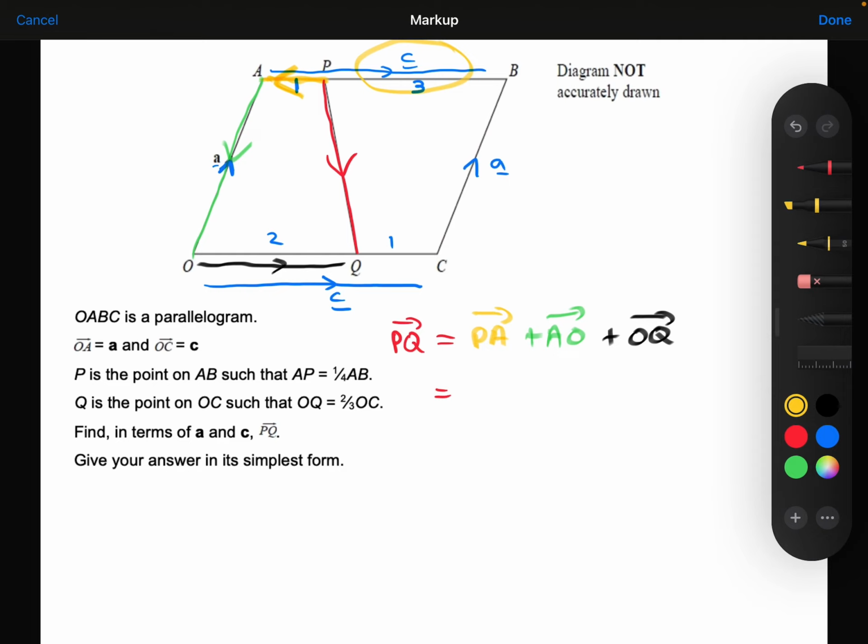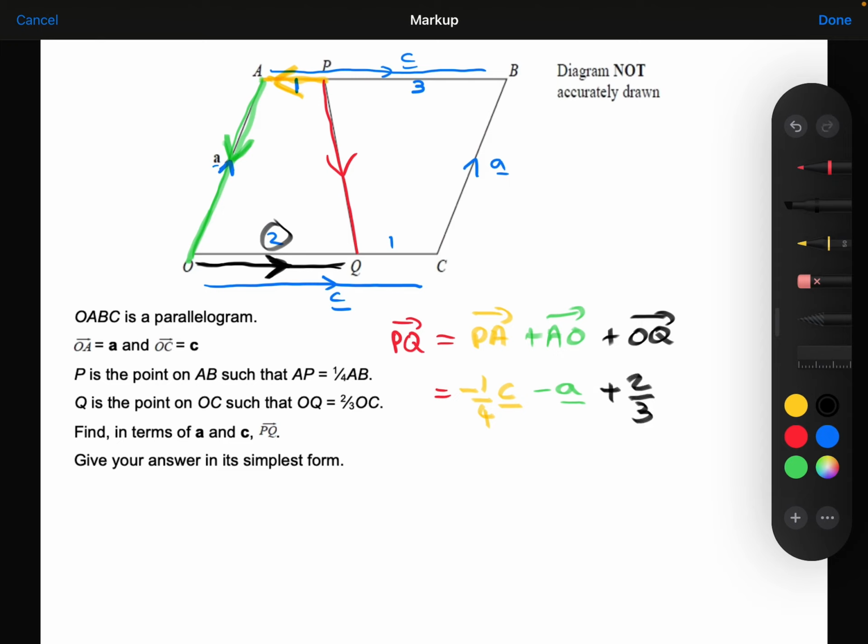So minus 1/4 C. Next, the vector A to O. I can see that's going to be equal to the vector A, but in the opposite direction, so minus A. And then the vector O to Q, that is 2/3 of the vector C, and in the same direction.